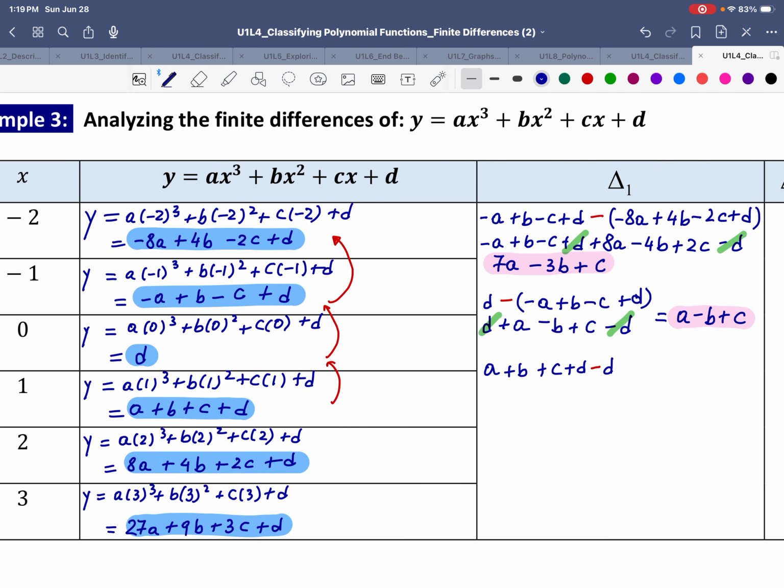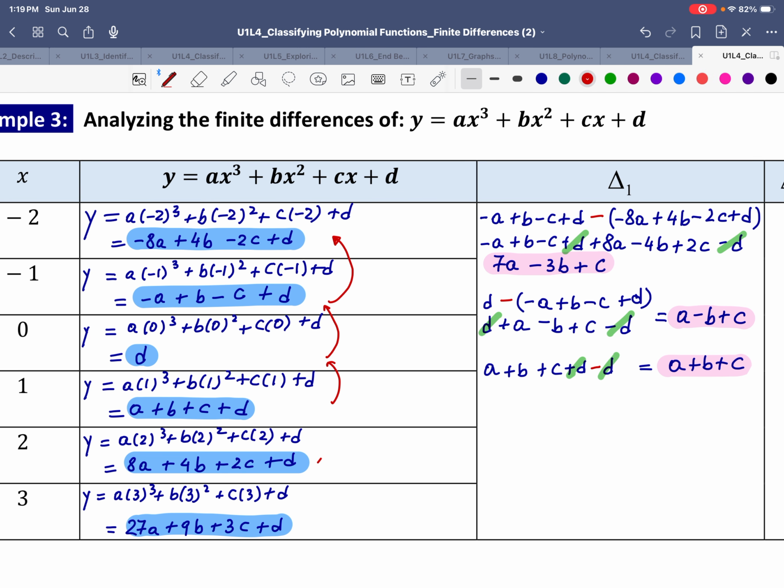You see that d adds to 0 again, and what we get is simply a plus b plus c. So that's going to be our difference.